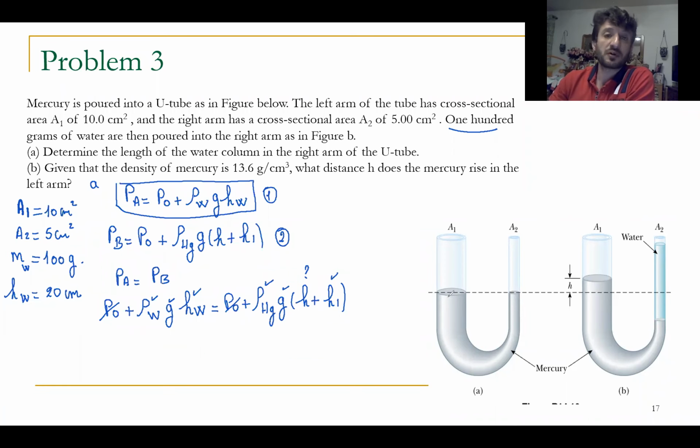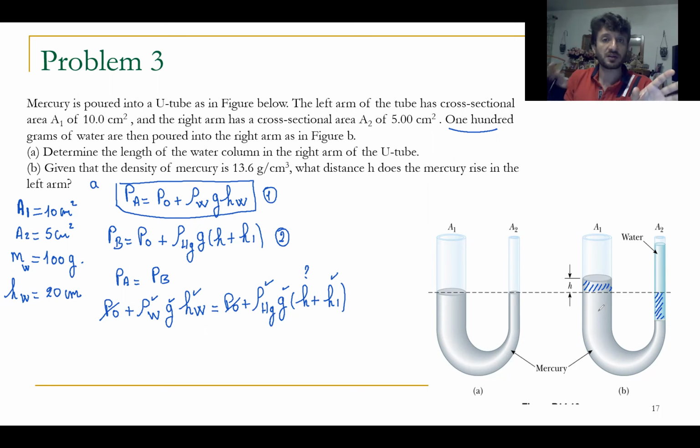Initially, we have the mercury at the same level. When we put a quantity of water here, a certain volume of water comes down and the same volume comes up. So we have the same quantity of volume. As we have different sections, we can have different heights, but we have the same volume.